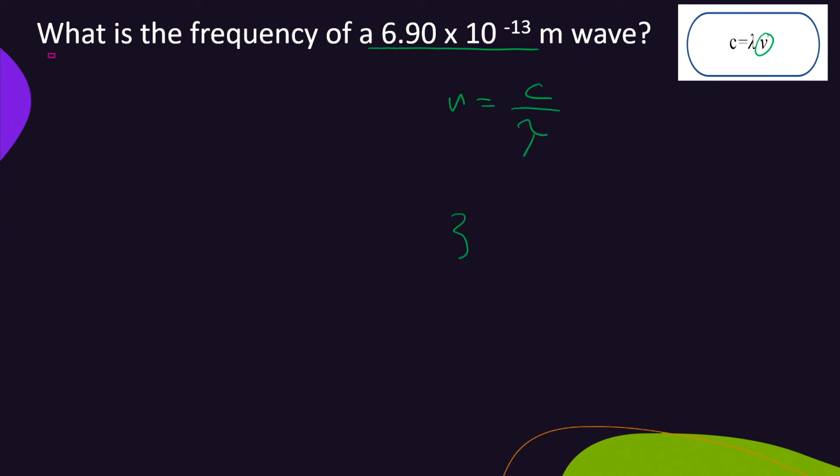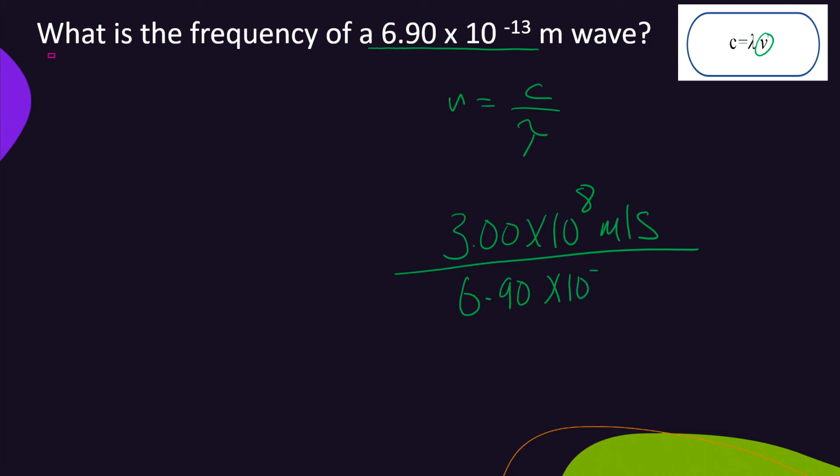So again, our C is 3.00 times 10 to the 8 meters per second. And we're dividing it by our wavelength of 6.90 times 10 to the negative 13 meters. In terms of our units cancelling, our meters will cancel out, giving us our frequency of hertz.